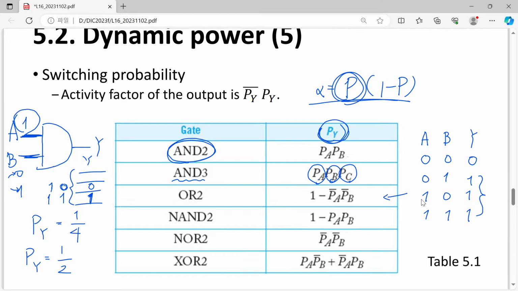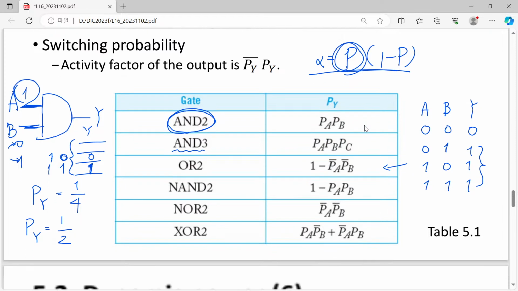When either A or B is 1, then the expression shown here just says that this is the probability to have 0 for our output node Y. So 1 minus that probability of having 0 corresponds to the probability of having 1 as the output value. So you can easily understand this kind of calculation. It's not that difficult.